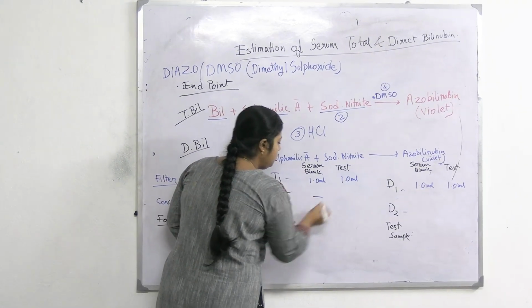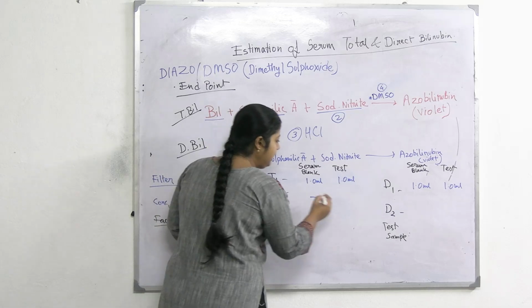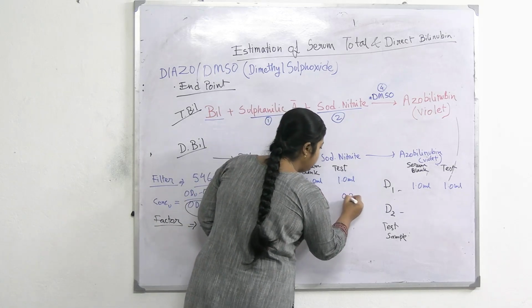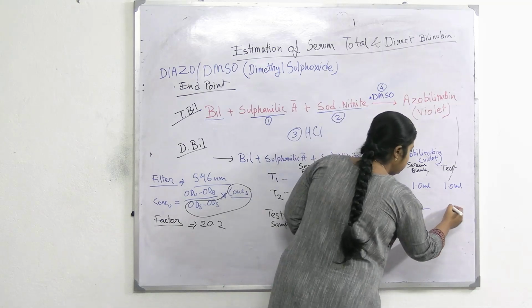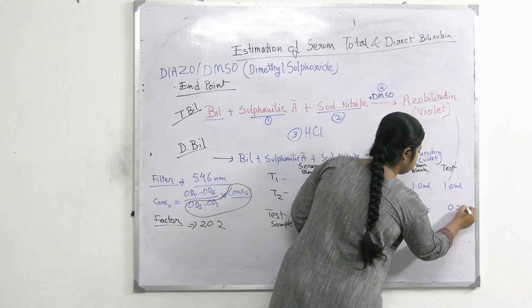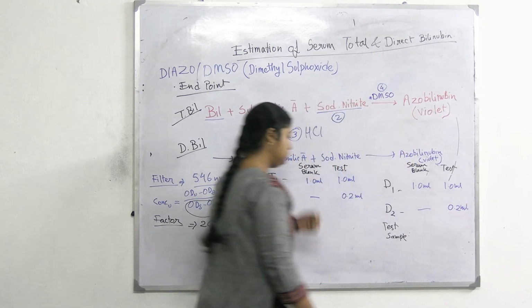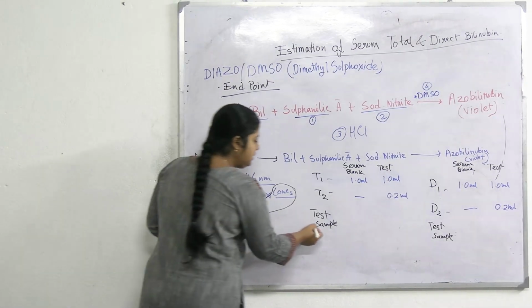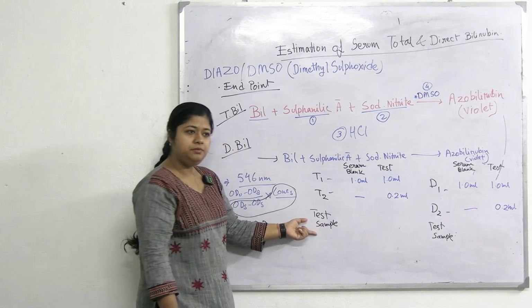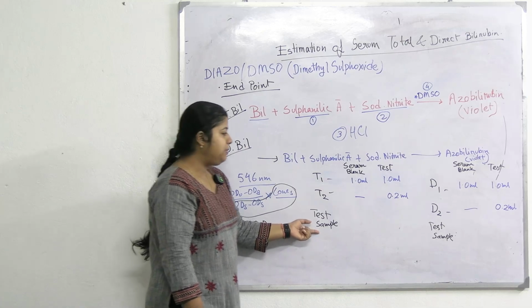T2 we will skip in the serum blank test tube, and in the test we will add 0.2 ml. Same goes with D2. And this is the test sample, the serum sample provided.